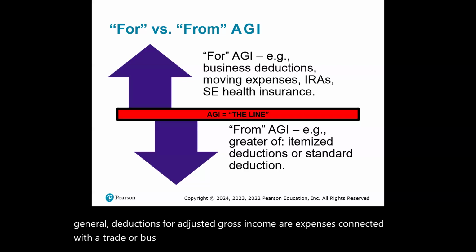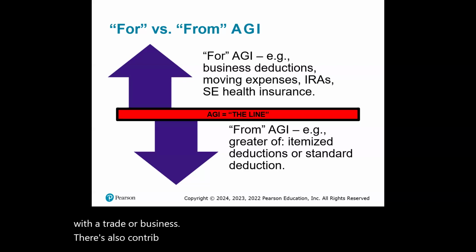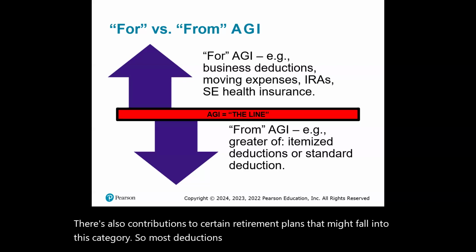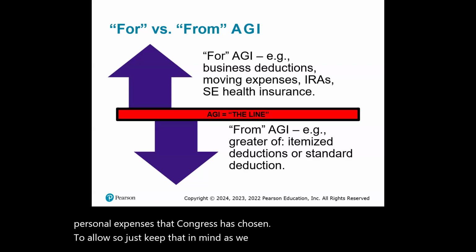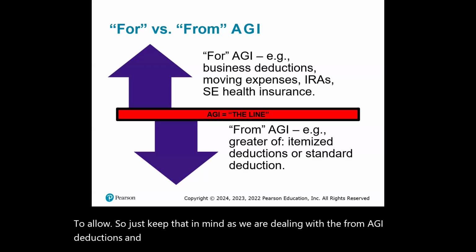There's also contributions to certain retirement plans that might fall into this category. So most deductions from adjusted gross income are personal expenses that Congress has chosen to allow. So just keep that in mind as we are dealing with the from AGI deductions and for AGI deductions.